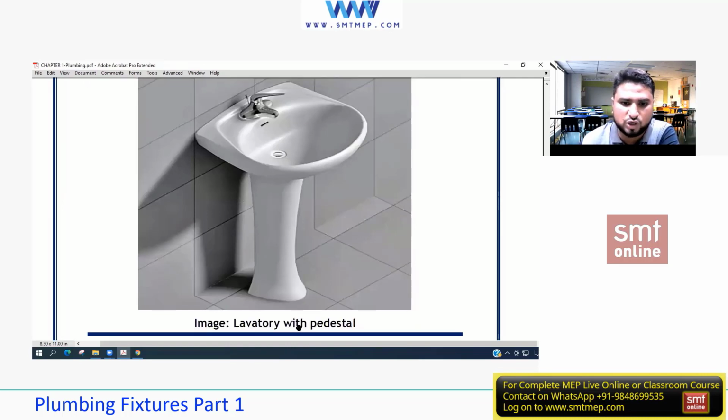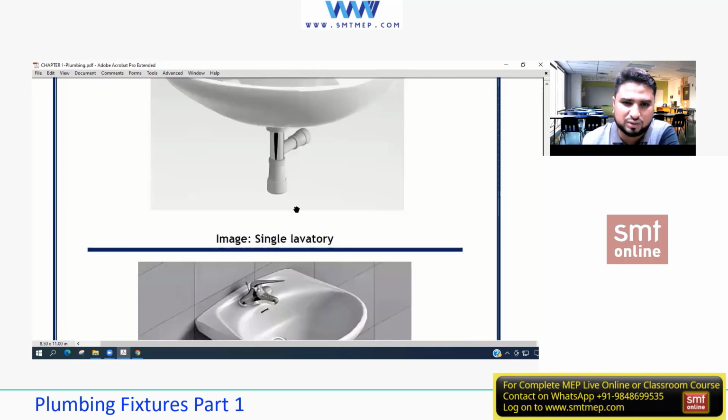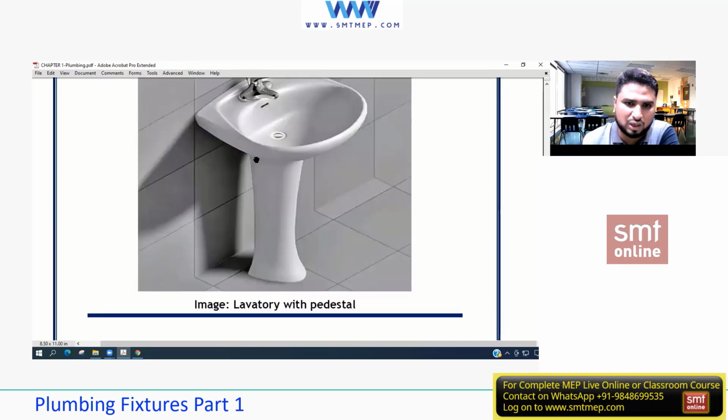For example, in a hall or somewhere people see it, it is the same laboratory but with a pedestal. This is called a pedestal, the kind of leg that you're seeing. Where it's open, it does not give a pleasant look, so that's why this is one more laboratory with this piece, called a laboratory with pedestal.